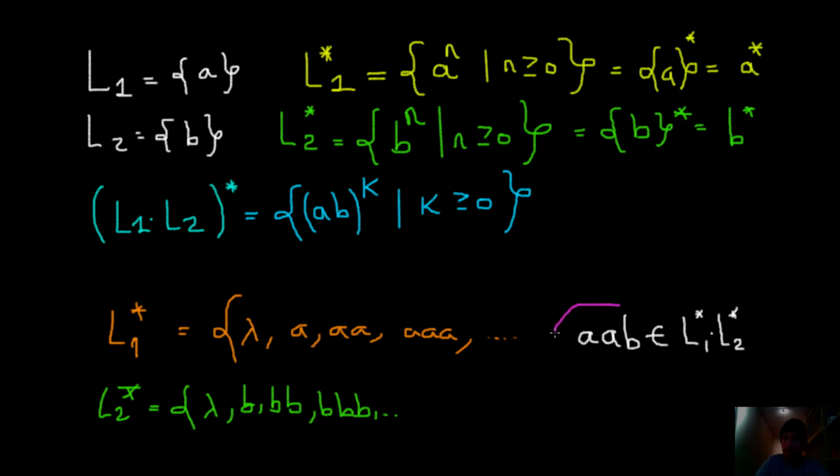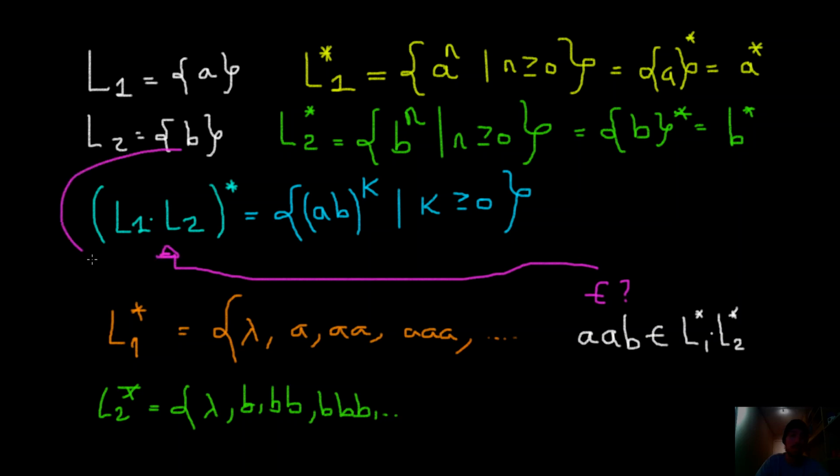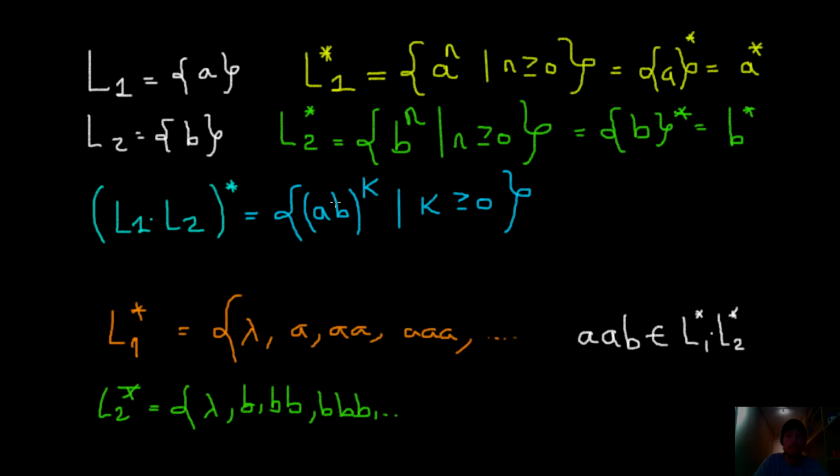Now, does this word AABB belong to this language in here? And the answer is no. It doesn't belong, because this language only contains words that start with AB. Essentially we can represent this language as words of this kind. We can have the empty word, because k can be 0, by definition of the Kleene closure.